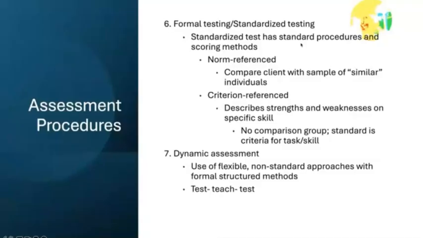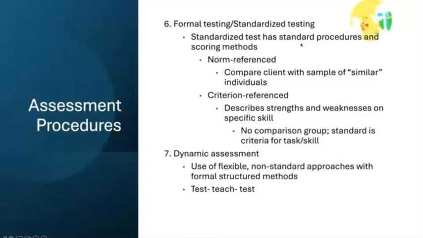We've actually talked a little bit about this in terms of difference versus disorder. Remember, whenever you are assessing somebody, it's really important that the population that the test was normed on represents the client that you're testing. But norm referenced is, again, one of these main types of standardized tests or assessments.